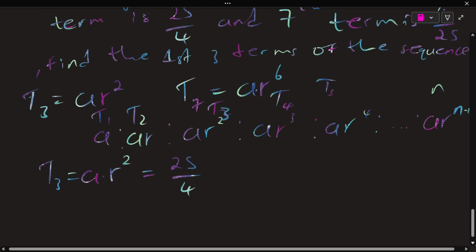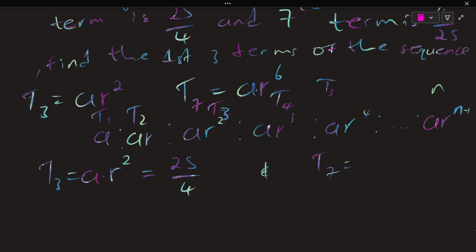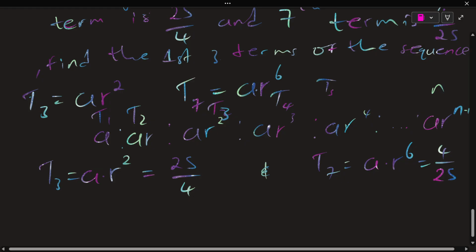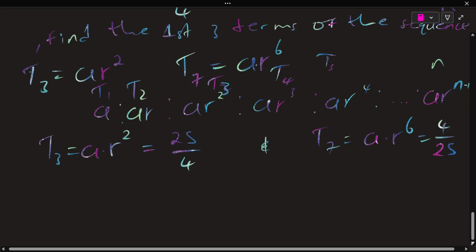And we know that this third term equals 25 over 4. And we have this seventh term, which equals a multiplied by r to the exponent 6, which equals 4 over 25.